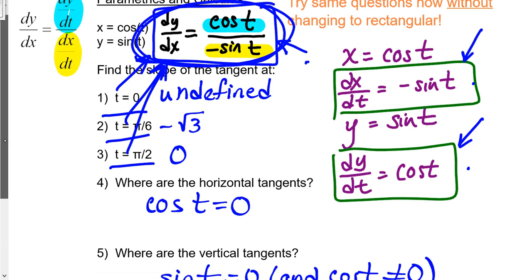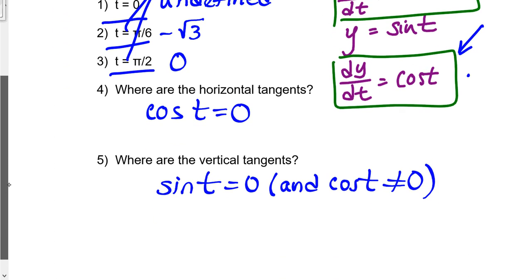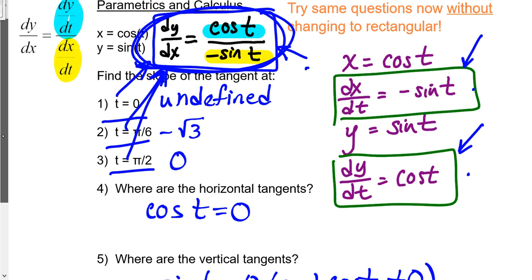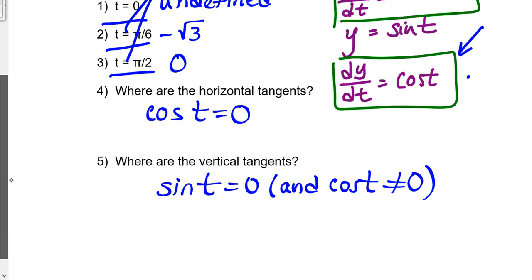So I didn't rewrite that because we already did it. And so it's like the pi over 2, 3 pi over 2, 5 pi over 2. And the vertical tangent is going to be where the yellow highlighted part up here is equal to 0. So that's at your multiples of pi. Okay? Ta-da! So I do think that that ends up being a little more streamlined, which is good.